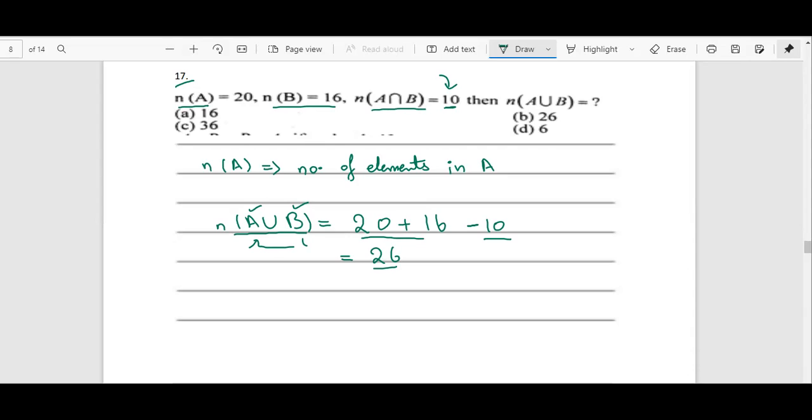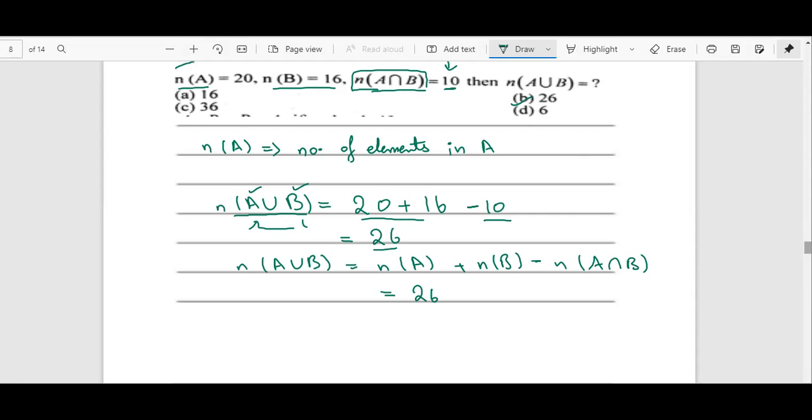So in order to get rid of that number once, we just subtract the common elements of A intersection B, right? So in general, as a rule, whenever we have to find the elements of A union B, we do elements of A plus elements of B minus the elements of A intersection B, right? So that is going to be 26 in our case. So B is the answer. Okay. So we are done with the 17th question as well.